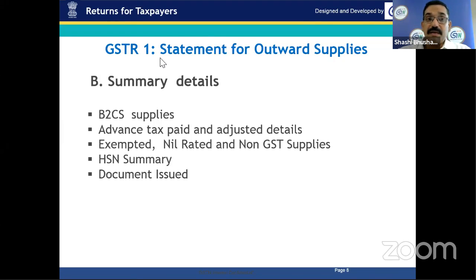Here I would like to emphasize that the HSN summary is basically a summary of all the other sections, so the HSN summary tax doesn't get added to the tax liability. The tax liability is computed based on the other sections in which taxable supplies and tax values are declared. Then there is the documents issued section, in which the different types of documents like invoices, credit notes, and debit notes which you have issued during the month have to be declared in this table.